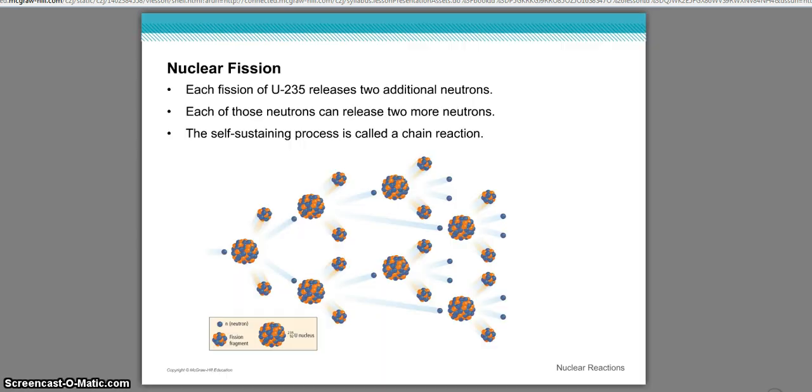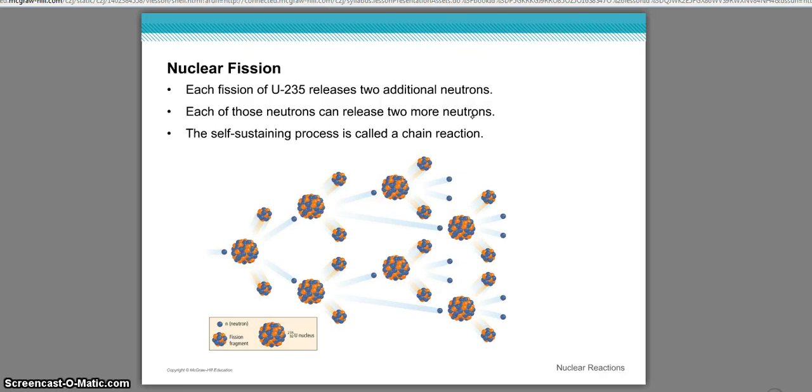Well, those 3 neutrons that are produced, they can go on and strike other uranium that's going to produce more neutrons, that strikes more uranium, and we end up with what's called a chain reaction. And the chain reaction will go uncontrolled and it will happen all at once, which is what happens in a nuclear bomb, or if you can slow it down and control it and just give off a little bit of energy at a time, then you can actually produce useful energy, which is what happens in a nuclear power plant.